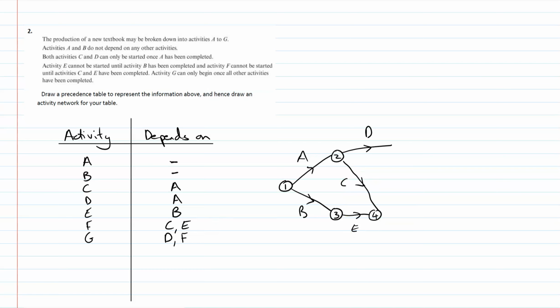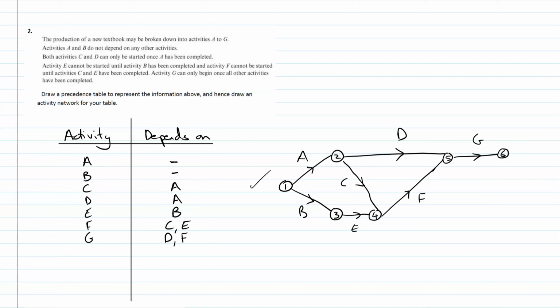F doesn't require D or anything, so that's fine. So then F can go up here. Nothing requires D here, apart from the last one, and G requires D and F. So now I can tweak this again, put my D across here, make that number 5, and then G is going to come out of here to make number 6, and it'll be complete.